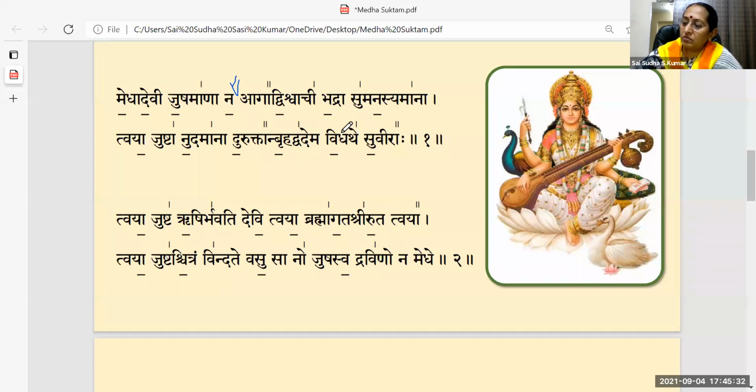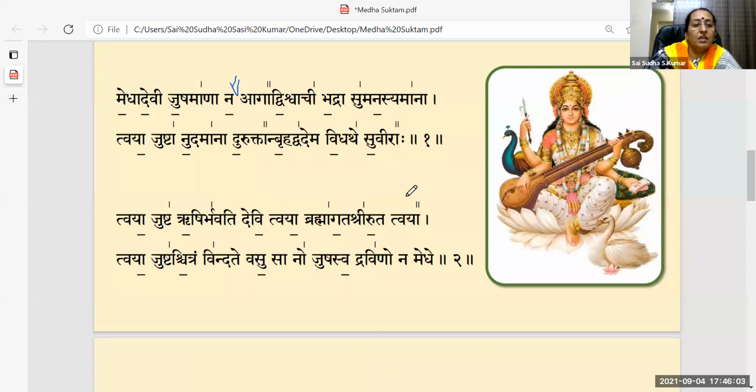Vidathe is there in some texts, Vidathe is also there, but the meaning does not change. But normally we use Vidathe. It should not be Mahapran, it should be Alpapran. Here please note that it is Alpapran. The Visarga, when it comes at the end of the sentence, it will be Suviraha.